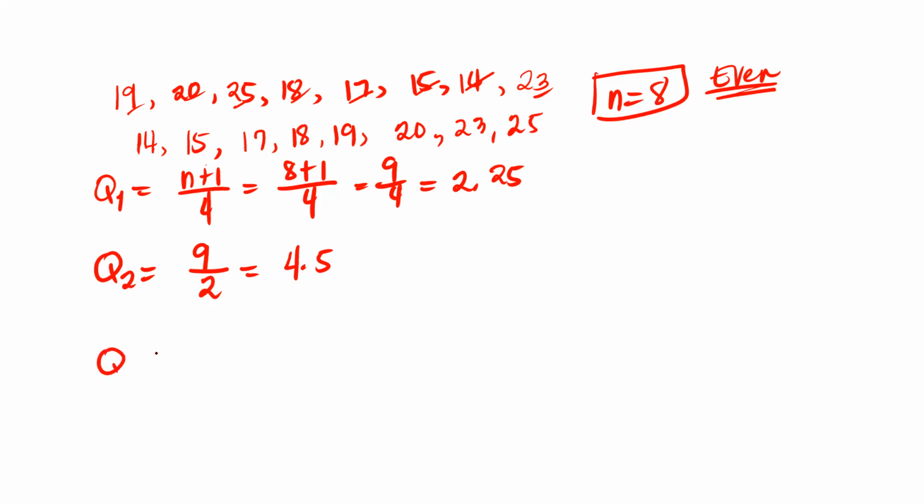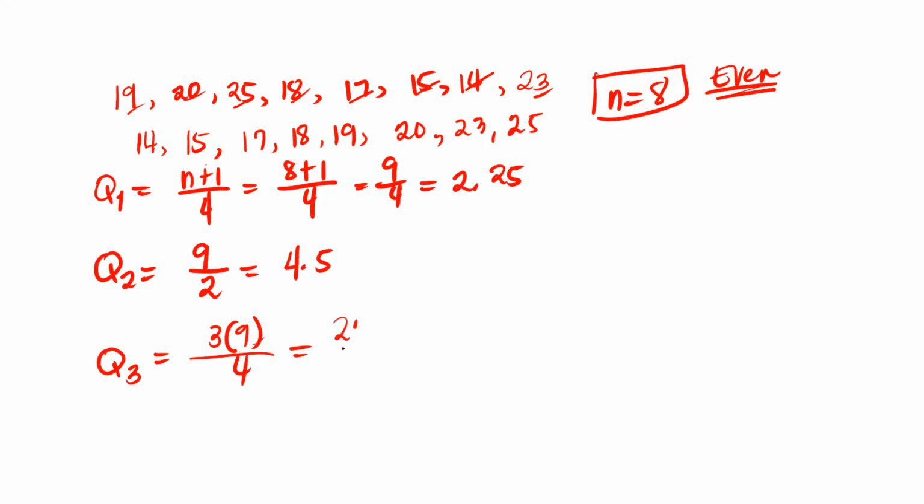And si Q sub 3 naman is 3 times 9 divided by 4. So 3 times 9 is 27. Okay, divide natin sa 4.